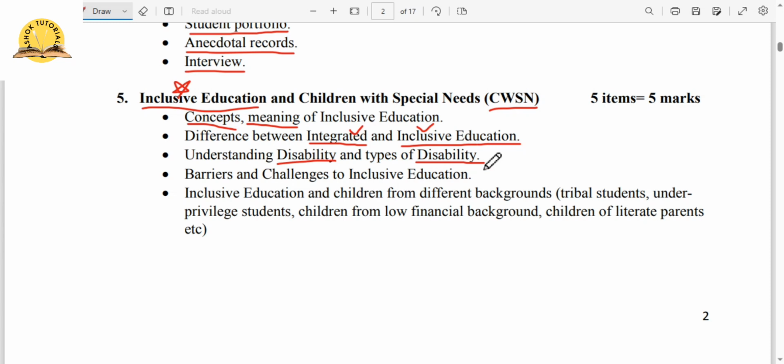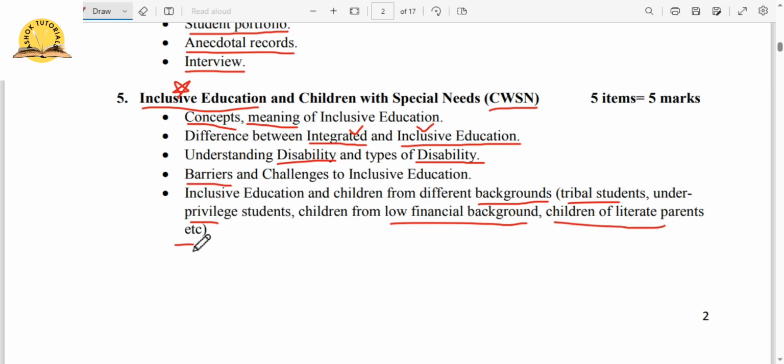Right. Now barriers and challenges to inclusive education. This is also very interesting. What are the different challenges we face in an inclusive classroom? Now inclusive education and children from different backgrounds, like tribal students, underprivileged children, then children from low financial backgrounds, children with literate parents, etc., children having health issues.